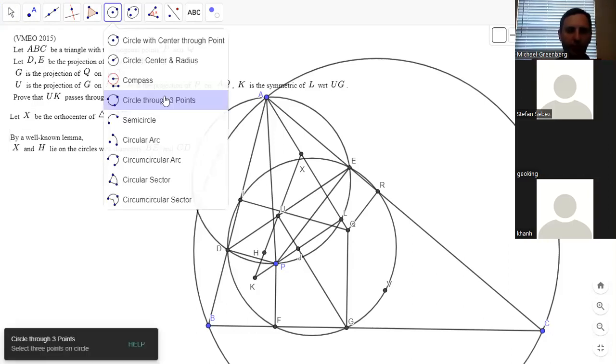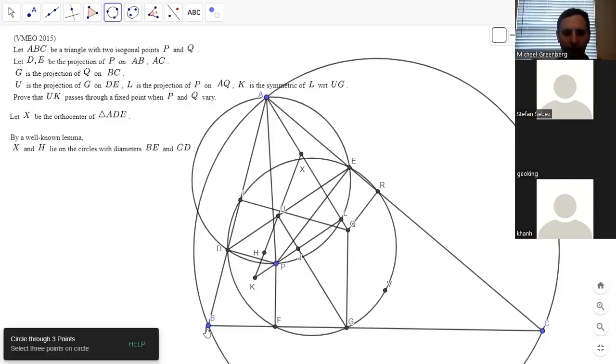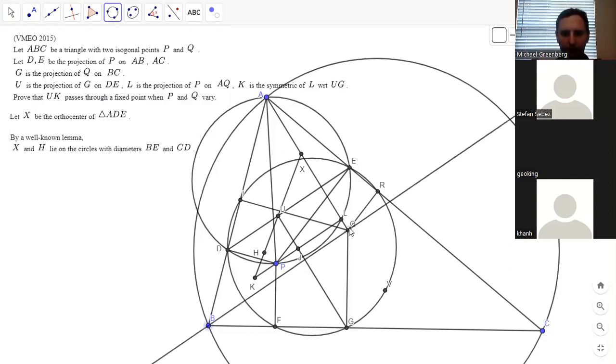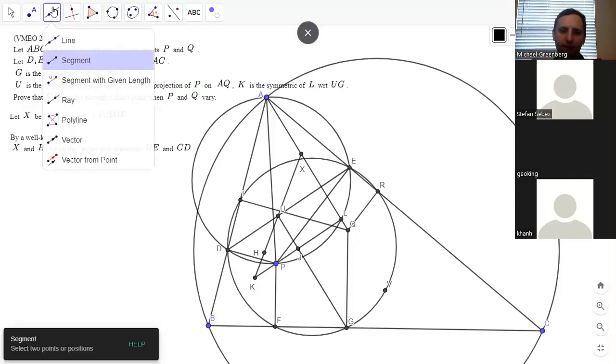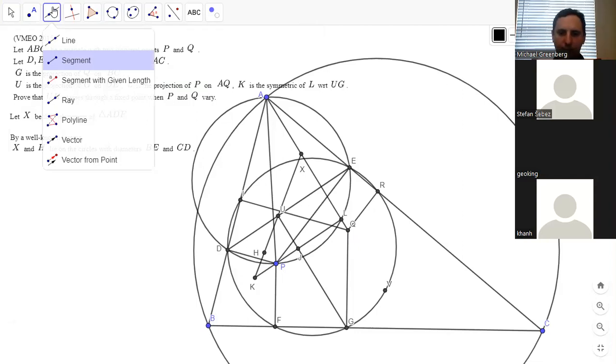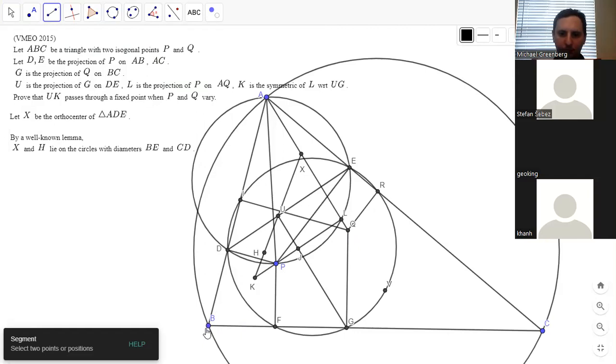So BQC, this one? Yeah. And triangle DGE. Okay. So they're not similar, but their angles add up to 180? Yeah. I think it must be an angle chase to prove that those add up to 180.